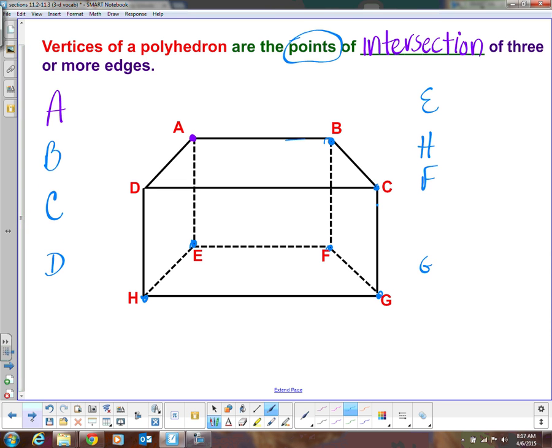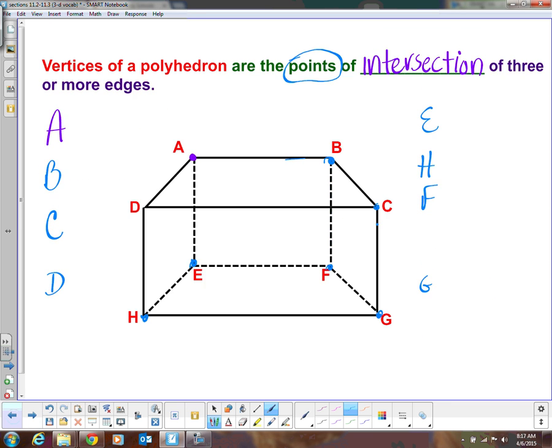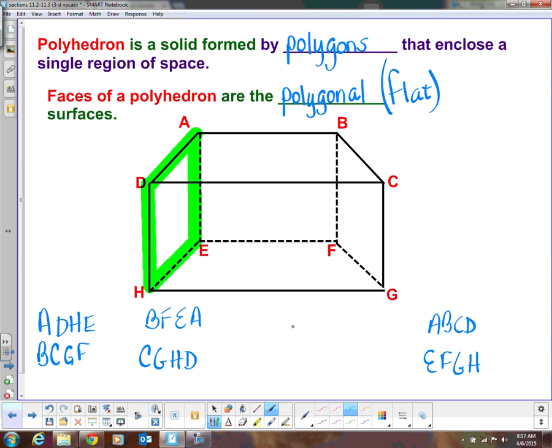All right, so we're going to come back here and fine tune this. A lot of what we're going to be focusing on is prisms. Most of the time the bases are the non-rectangular sides.